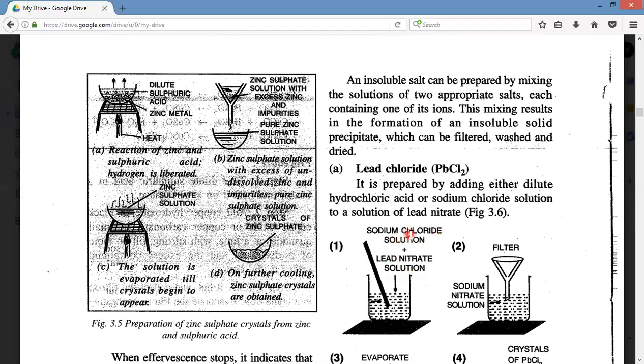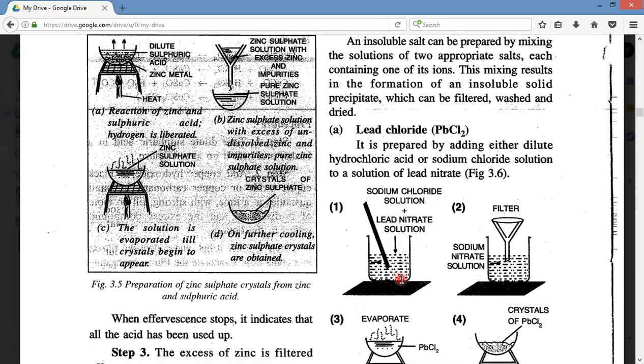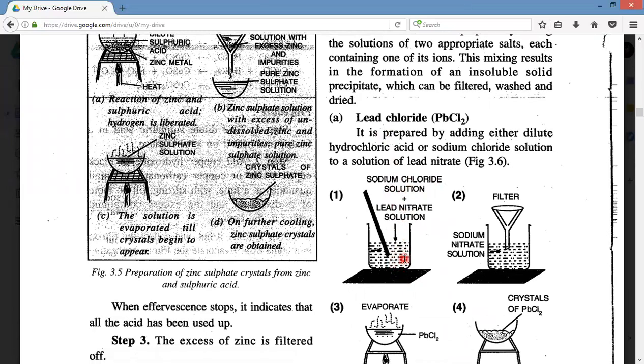In place of sodium chloride, we can take hydrochloric acid also. We have to mix them and dissolve them in one another. After doing that, filter it. The second step is to filter it. The purpose of filtering is to remove the impurities.